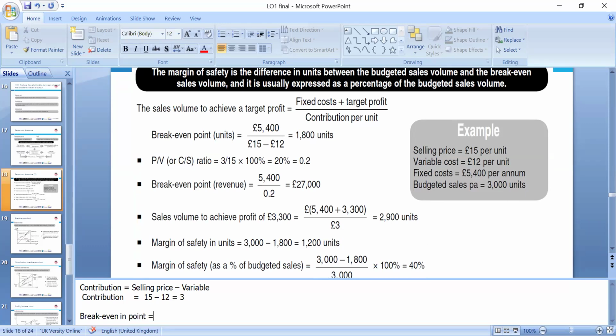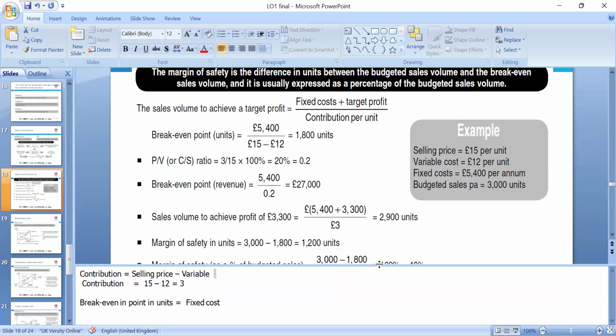Break even point in units equals fixed cost divided by contribution. You just remember one or two formulas. If you want to go through more, we can, but at this level we can go through the basics. So what is my fixed cost? 5,400 divided by 3.